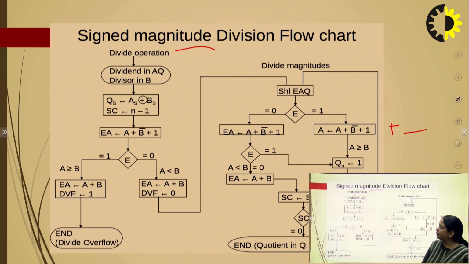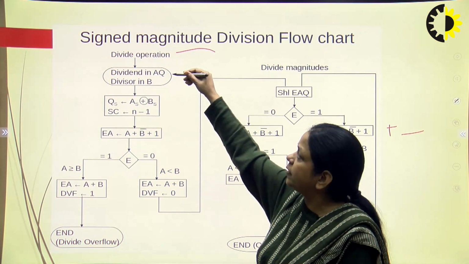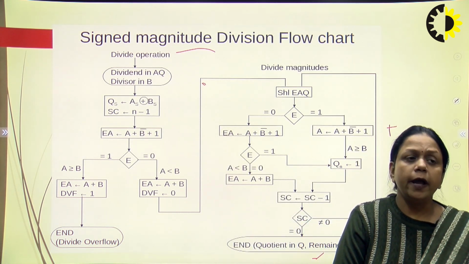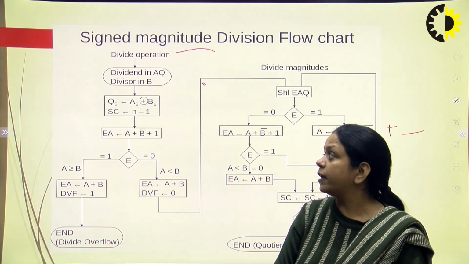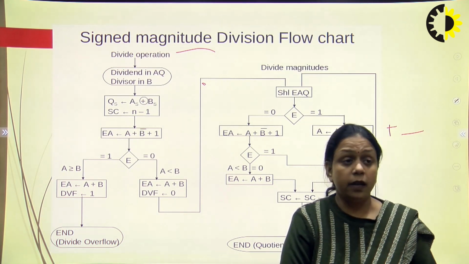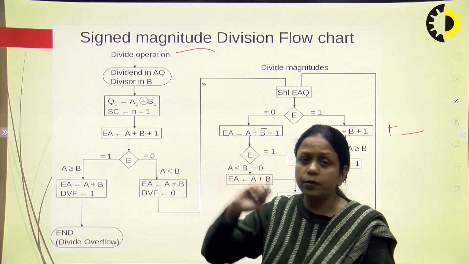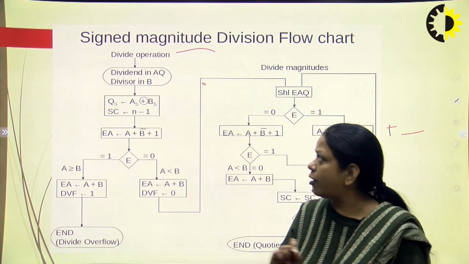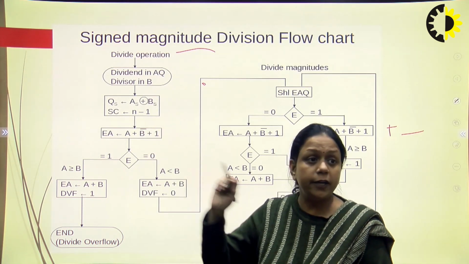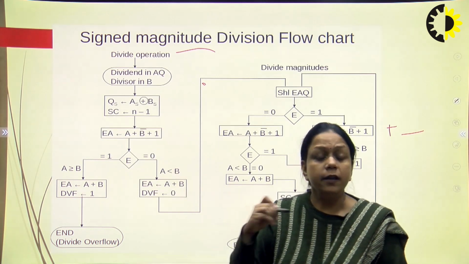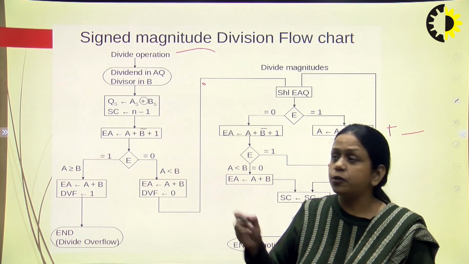So firstly, we will store the dividend in AQ, and the divisor will be stored in B. And the sign bits of these two numbers will be stored in separate flip-flops. For example, the dividend's sign bit will be stored in AS and the divisor's sign bit will be stored in BS.